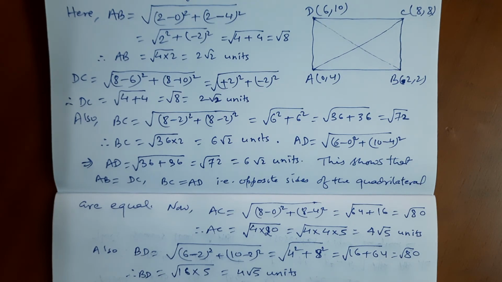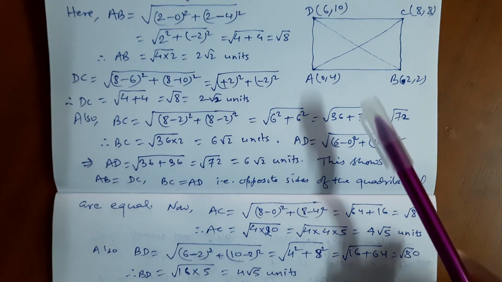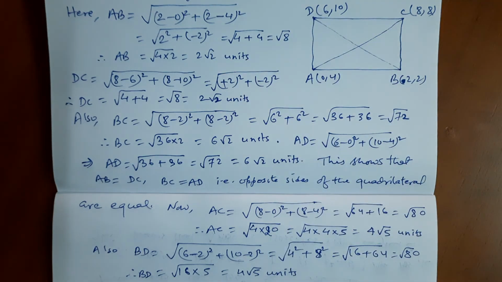And if we have to show the figure is a rhombus, to show a rhombus we can show all sides equal and the diagonals unequal, then the figure becomes a rhombus. Okay, so for showing a rhombus, the process is the same.